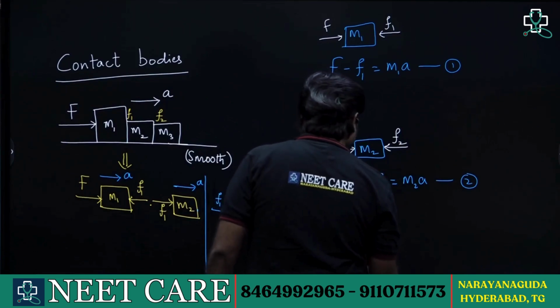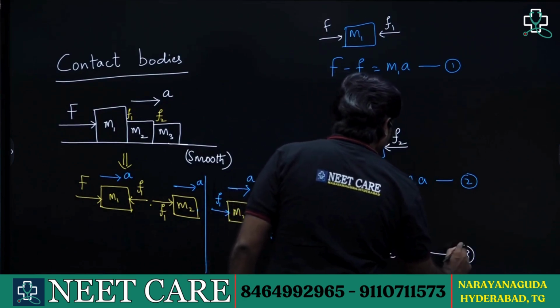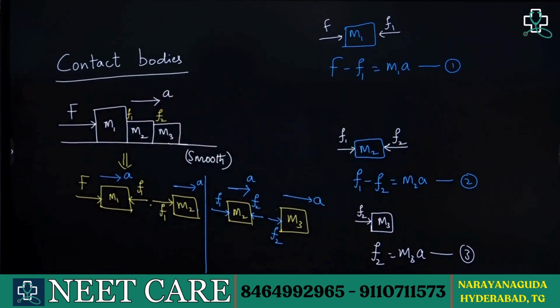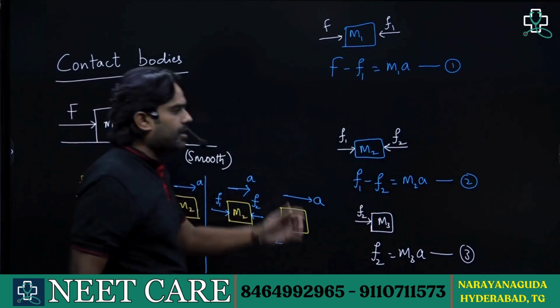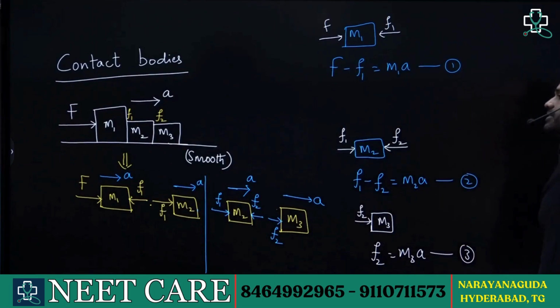Then here you can write F2 is equal to M3A. So take this as the third equation. Clear? Net force equations I have written. Since all three, M1, M2, M3, are in motion, I have taken the net force equation: capital F minus F1 is M1A, this is M2A, and this is M3A.